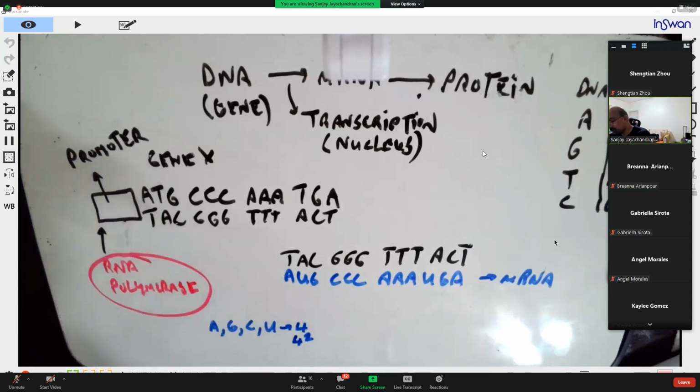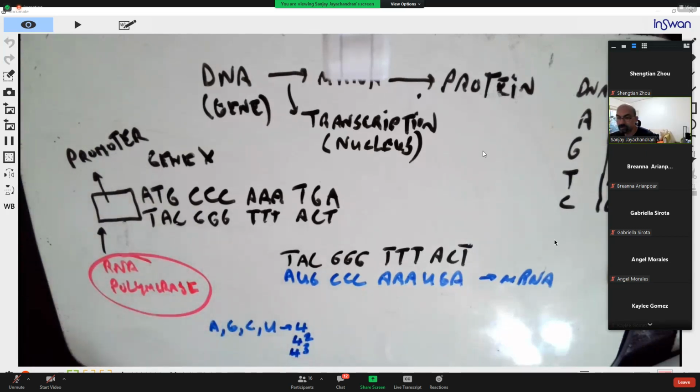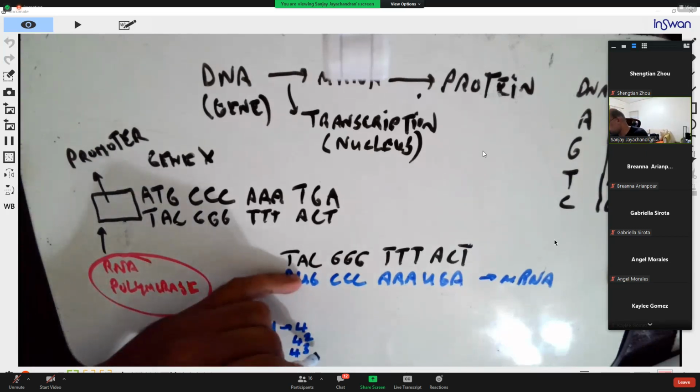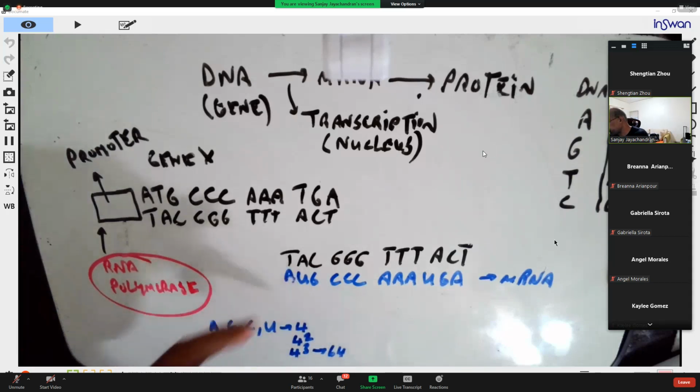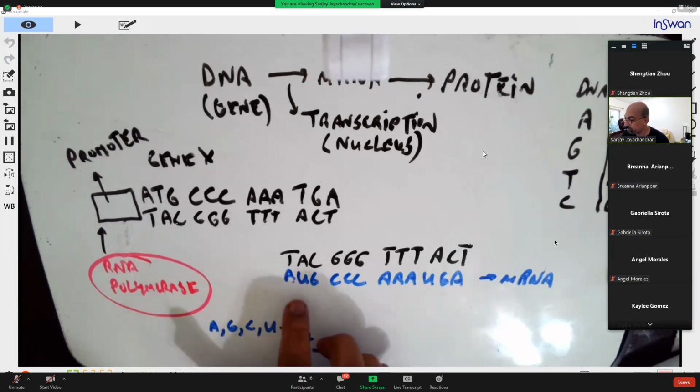Okay, so it's like armchair logic, right? So a 3-letter code is going to be enough. Then you get 64 different combos. That's more than enough to cover 20 to 22 amino acids. So what people did was they constructed artificial RNAs made of just a triplet, like AUG.